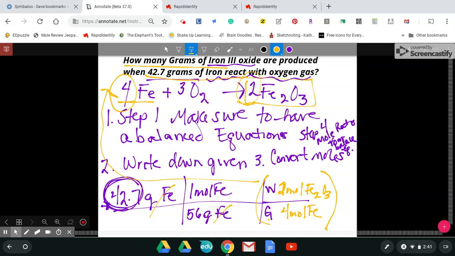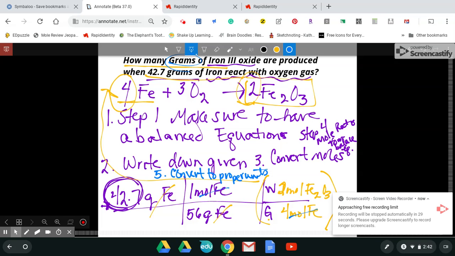Now, step 5, and I'm running out of room here. Let me change to a different color so we can see. Step 5, convert to proper units. First of all, notice how moles of iron are gone, and I am at moles of iron oxide. I want to know grams.